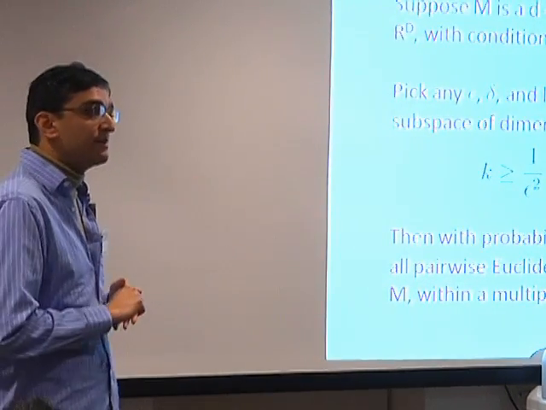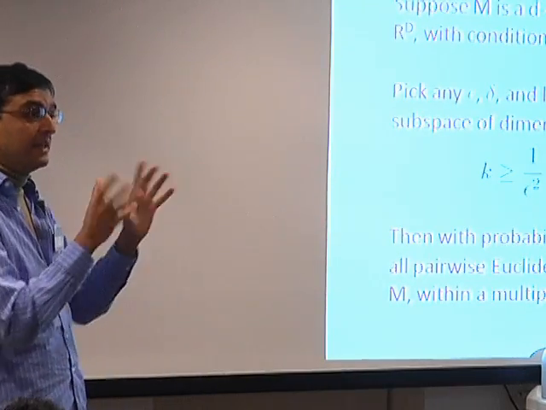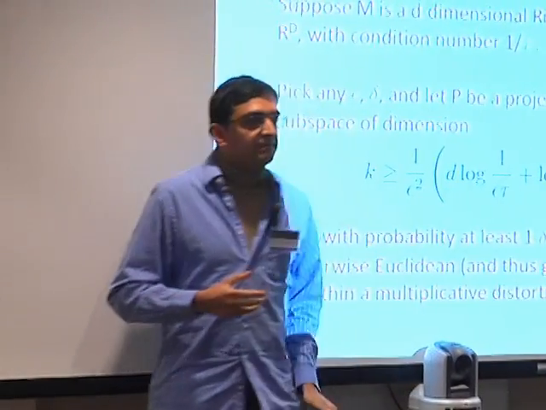You can choose a random subspace of dimension just order d, and all infinitely many interpoint distances will be preserved approximately. Okay, so this is a very powerful Johnson-Lindenstrauss type effect. And this was made possible essentially by this definition. It sort of pointed the way to a nice class of manifolds about which one could prove all sorts of results.